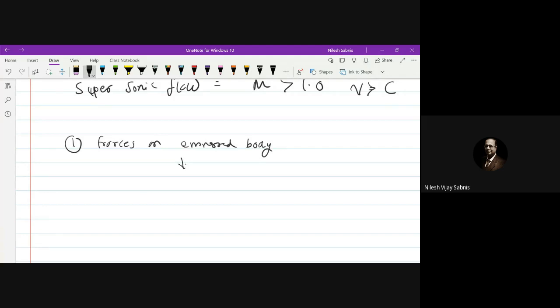In that, drag, lift, problems, bluff body, streamline body. These were the points. And generation of lift on aerofoil. And in the second part, compressible flow. Just now, we saw all these concepts.